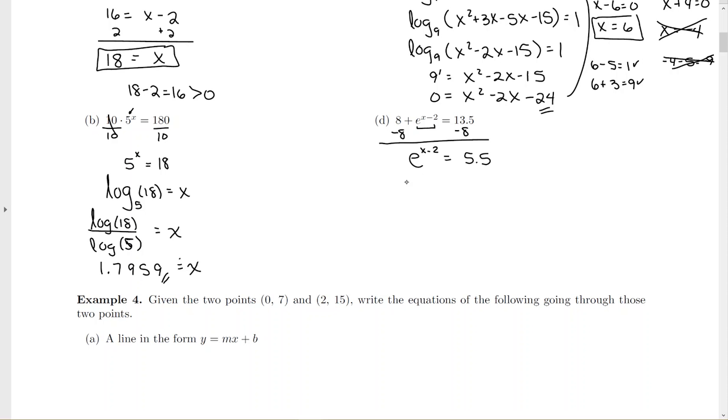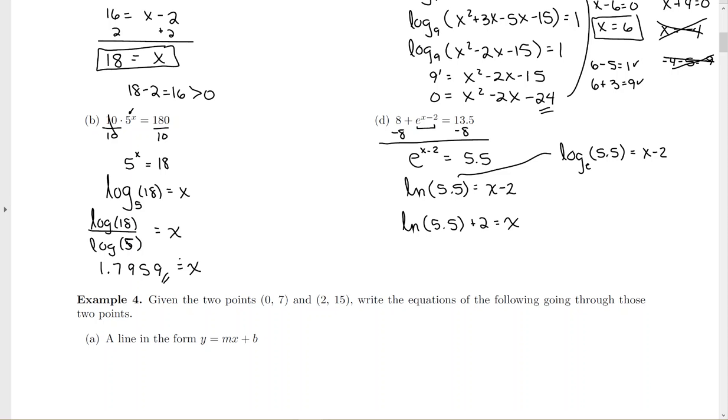This is an exponent, so I need log base e, which is really natural log, of 5.5 equals x minus 2. Remember, log base e is longhand for natural log. And then add 2 to both sides. Okay, so you've solved for x there.